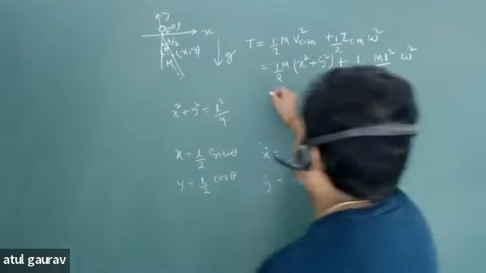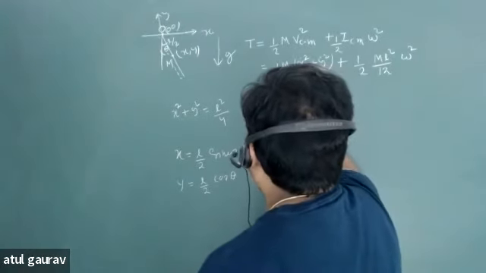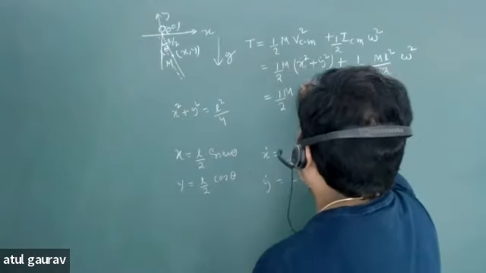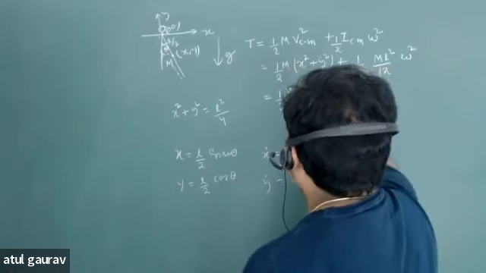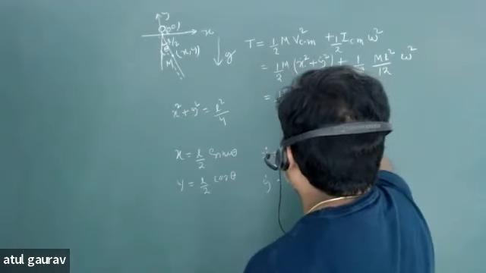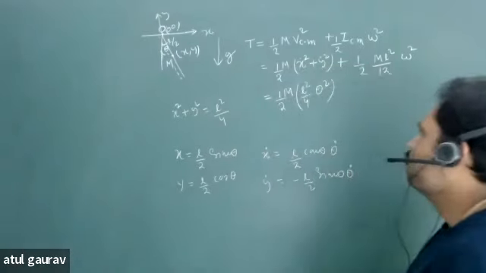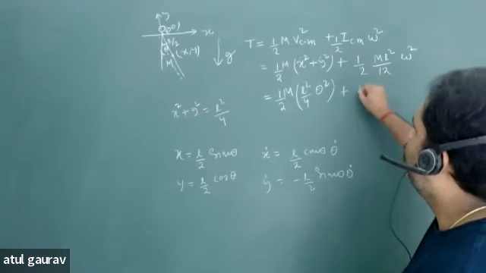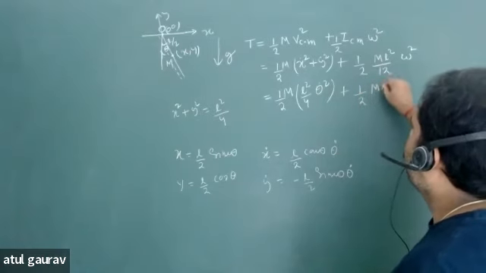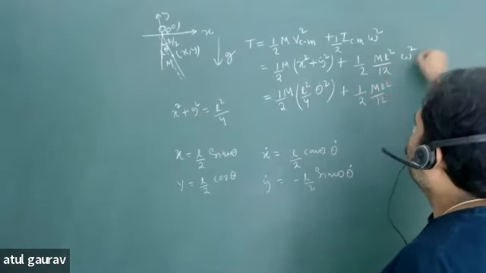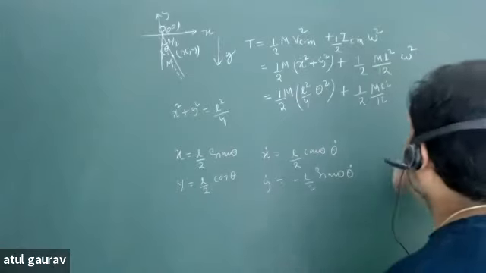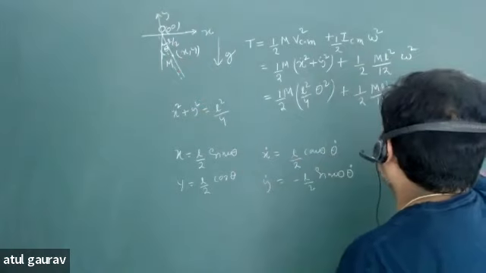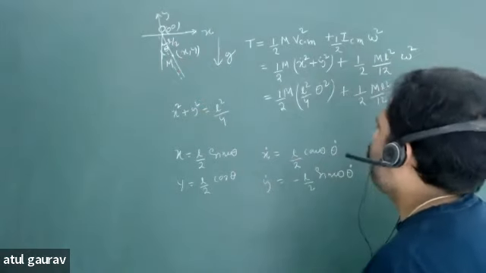Yes. So we will just go and write half m (x dot square plus y dot square), which is equal to L square by 4 theta dot square. Yes? And the next term is half, that is ml square by 12. And what is omega square? Obviously, every point has the same angular velocity, and that is nothing but theta dot square.